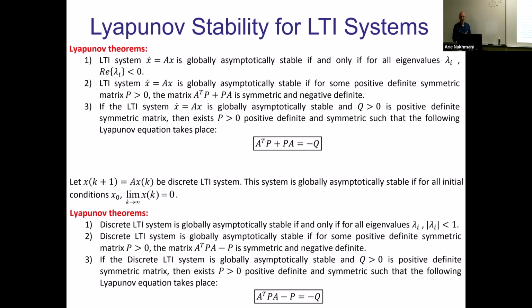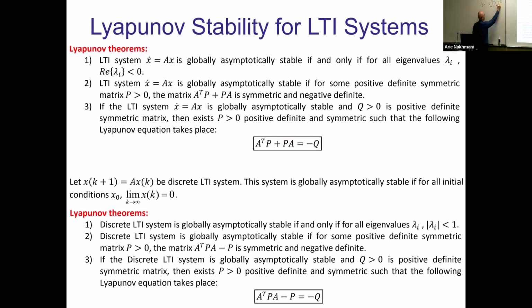If the quadratic form of matrix P is positive for any x that you choose, any vector x with any values, positive or negative, then P is positive definite.